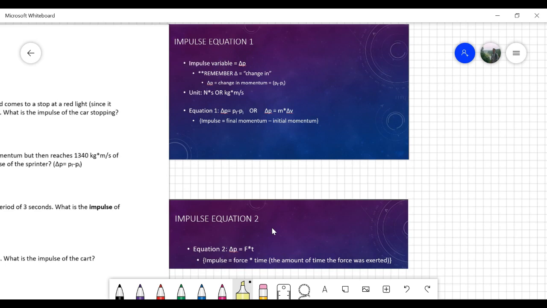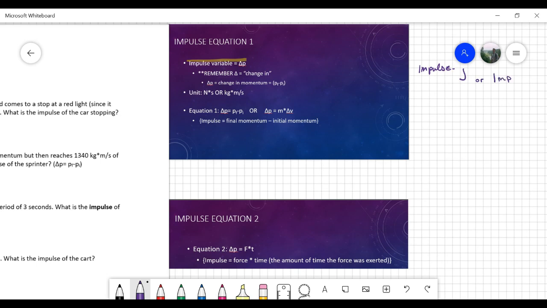Impulse. The variable we use for impulse is delta P. If you were to Google what symbol is impulse, you're going to get a couple different answers. One answer you might get is that impulse is a capital J, or you might see imp.